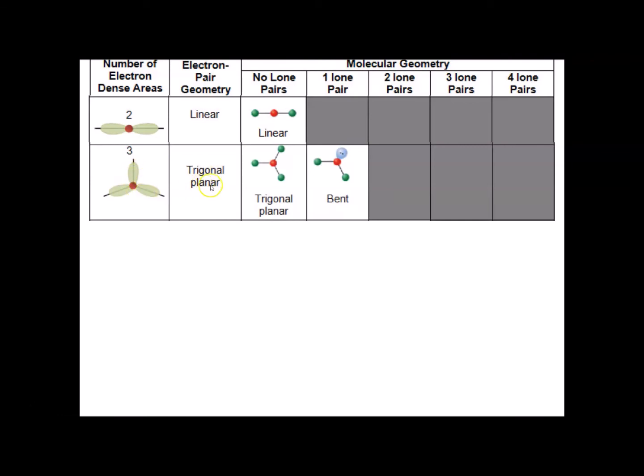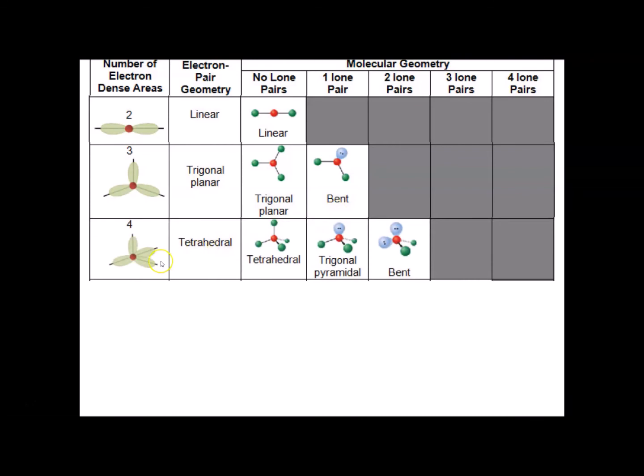We give a name for that of trigonal planar electron geometry. Of the 3 electron groups, if there are no lone pairs, they're all participating in bonding, then it's also called trigonal planar molecular shape. If there's 1 lone pair, so picture this gray dot is the lone pair, then the molecular shape that's left is bent.